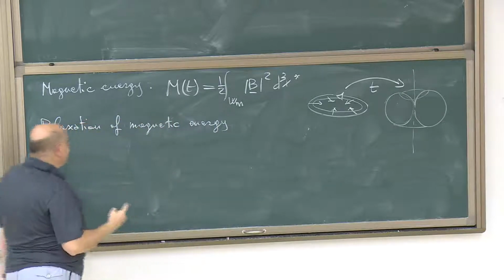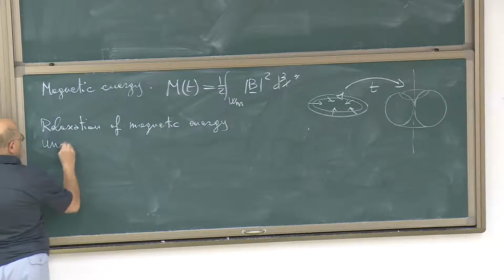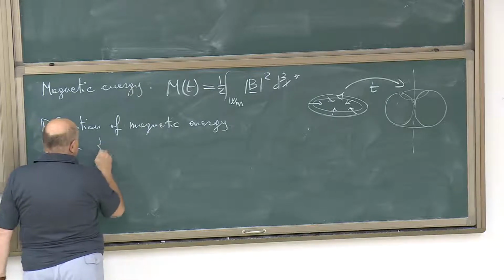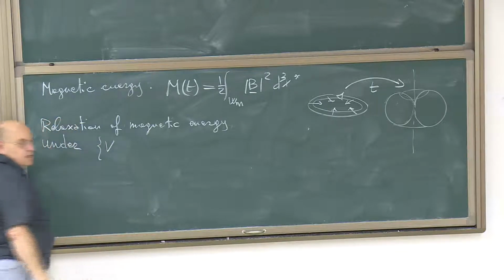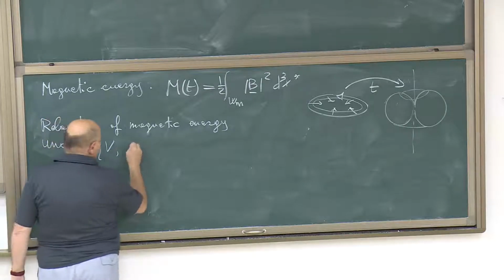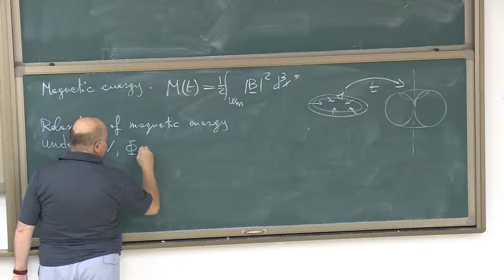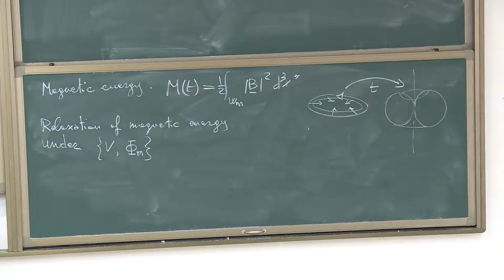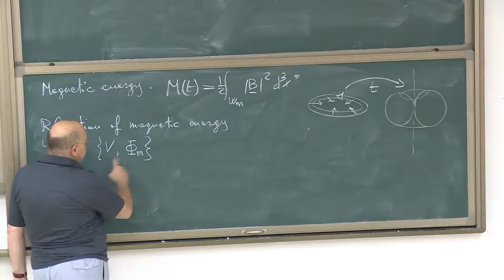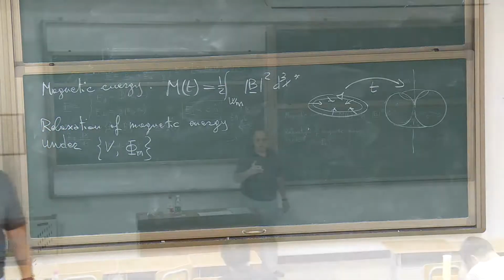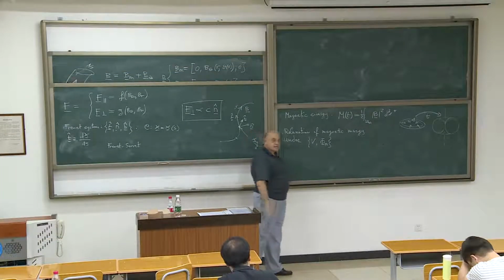and this is done under some assumptions. The first assumption is that the volume of the magnetic system is conserved, and the second assumption is that the flux of the system is conserved by Alfvén's theorem. That means that this couple will govern our relaxation.